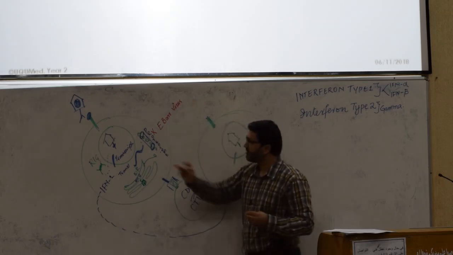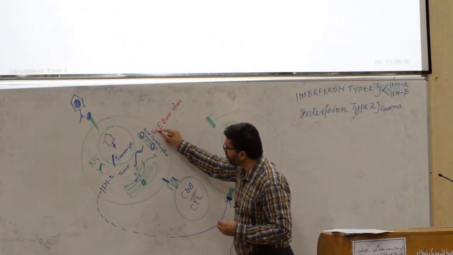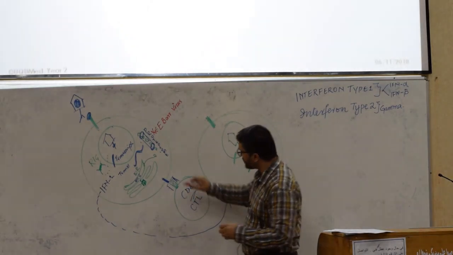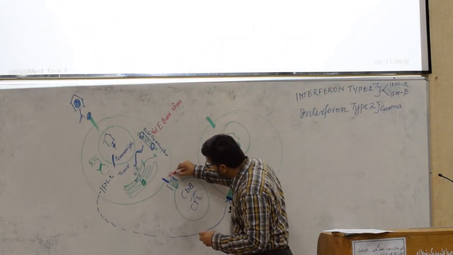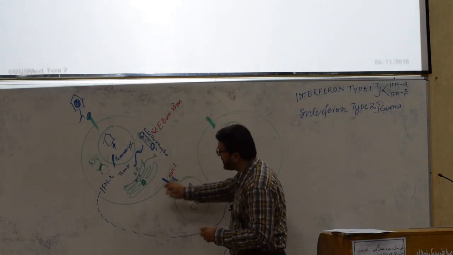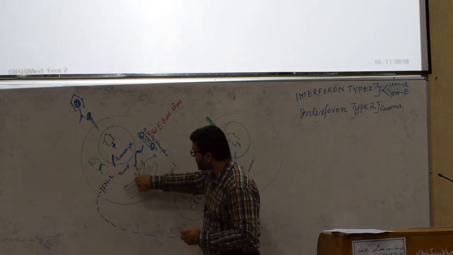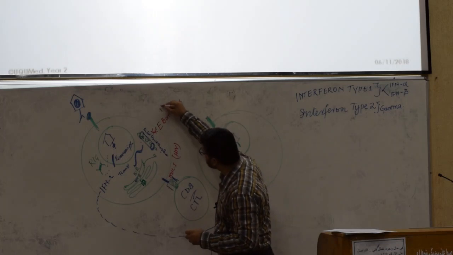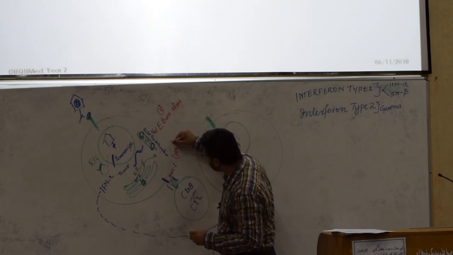So Epstein-Barr virus can block this proteasome. That is one example. Then another example we have talked about many times, MHC class 1. Its expression will be blocked here by HIV. So this is one example.